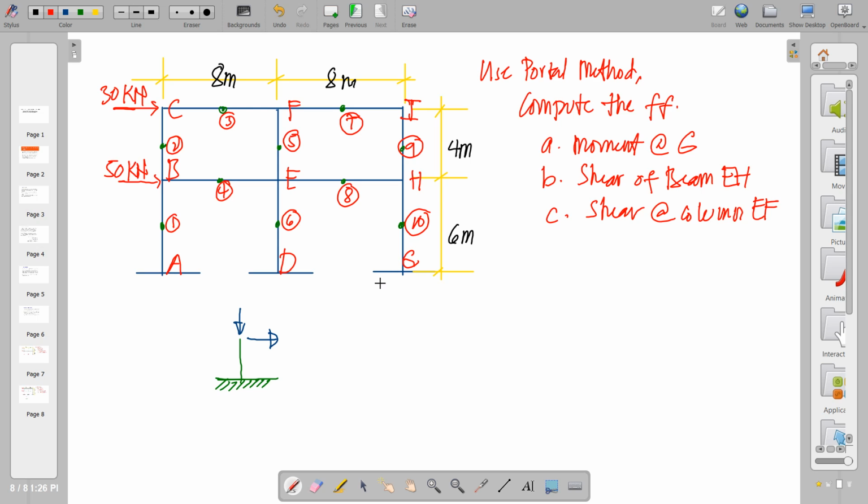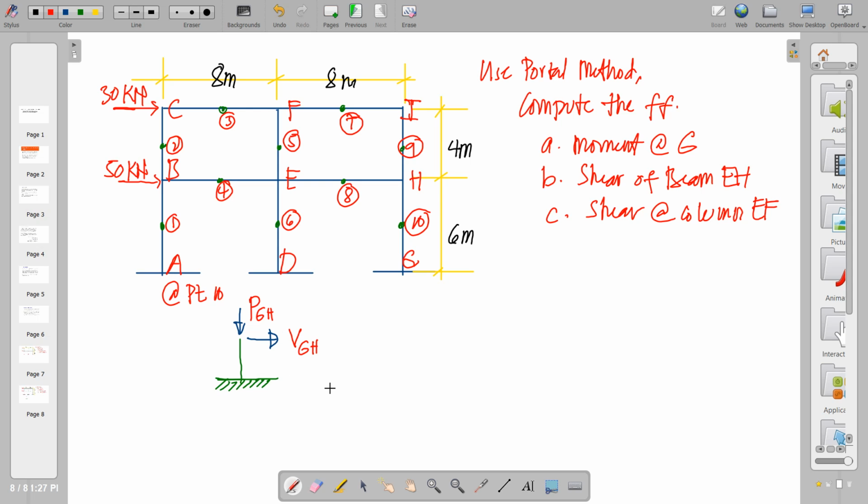Therefore, this is at point 10. We will label this as shear at GH, and this is the axial force on GH.